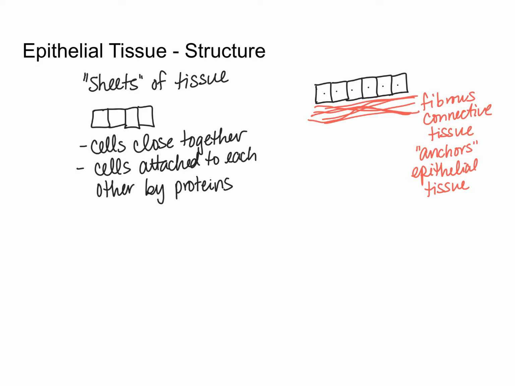And this underlying connective tissue is called the basement membrane. And we can also call this edge of the epithelial tissue, so this edge right here that is up against that basement membrane, we call this the basal edge.